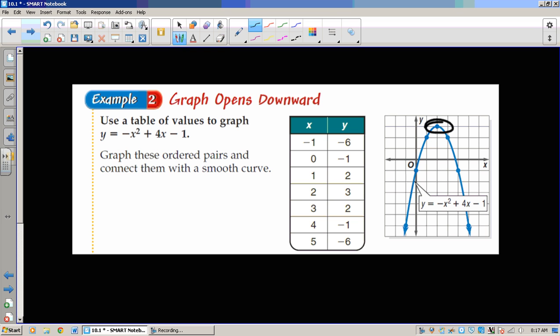And a negative a: here we've got a negative 1x squared, even though there's not an a there. That's not a 0, that's a negative 1x squared. Negative 1x squared gives us a value that reaches a maximum. And also, this graph opens downward. So when it's a negative, just like Sarah said earlier, this one opens downward.